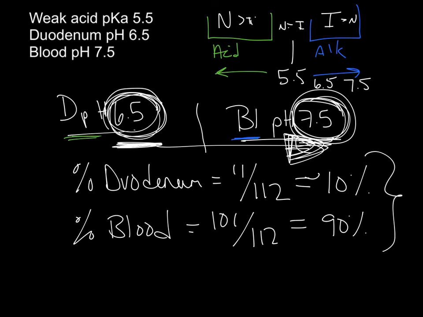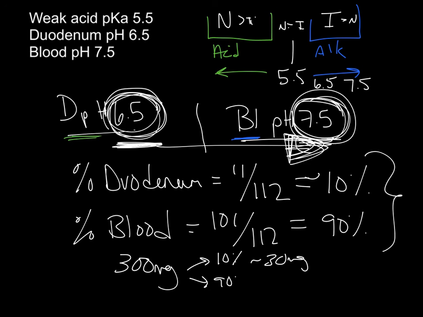Now, these are percentages. And if we take a certain amount, let's say we give 300 milligrams. So instead of just saying some arbitrary 100% of drug, if we give 300 milligrams, then what we're saying is 10% of it, so approximately 30 milligrams of drug, would still be in the duodenal lumen at equilibrium.